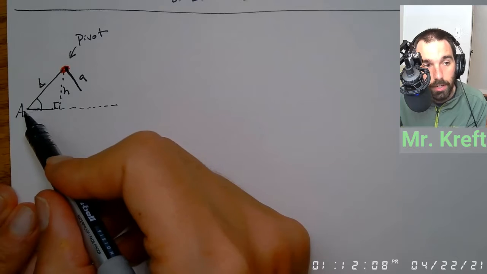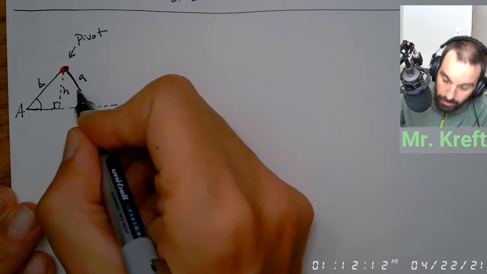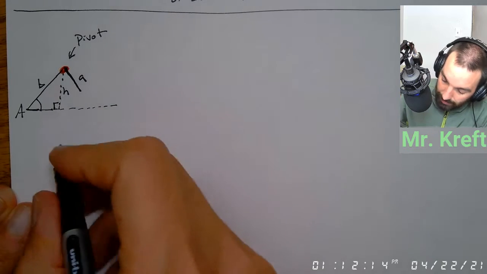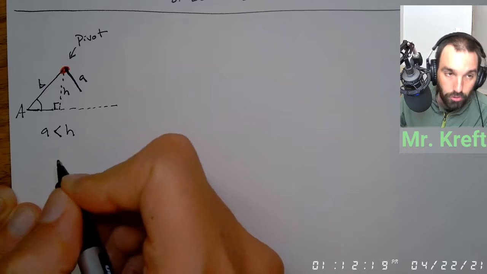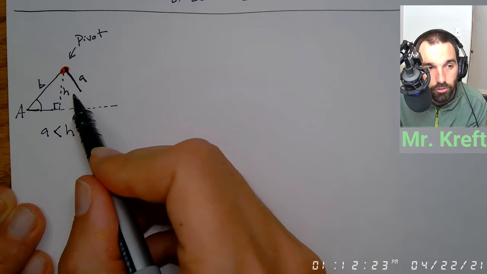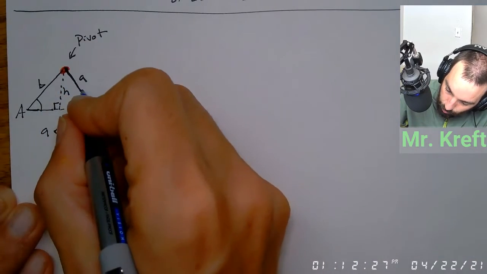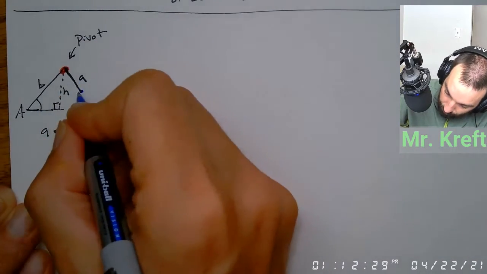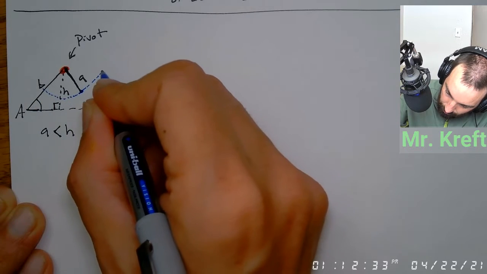In this situation, again, all of these are going to be angle, side, side. Notice how A is shorter than the height. That is, A is less than H. So if A is less than H, imagine putting a strobe light on this, and if I swung it, it would look like this.